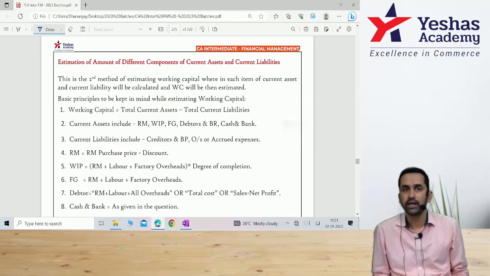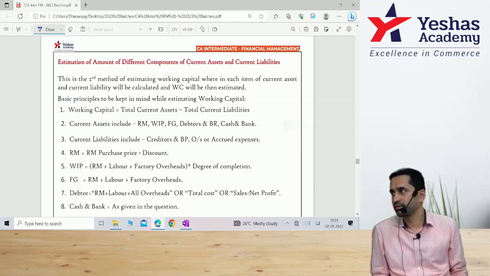Correct? Now my question: if you can recall process costing, if degree of completion is not given in the question, then what is supposed to be our assumption? 50 50 50? No. Material 100, labor and overhead should be 50 50.